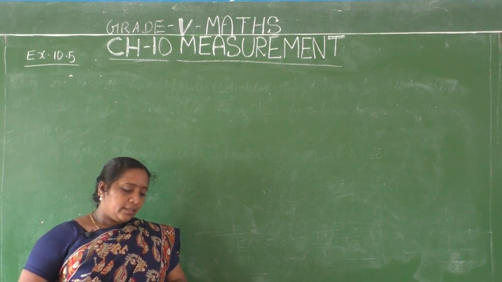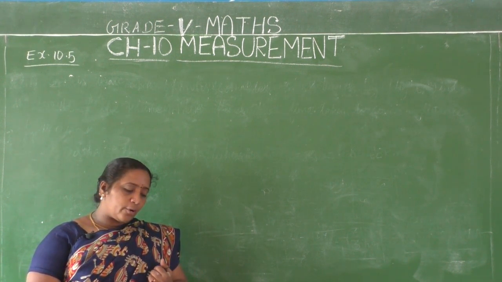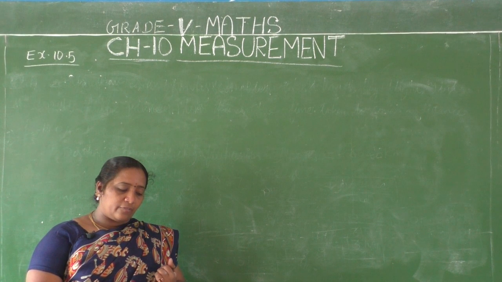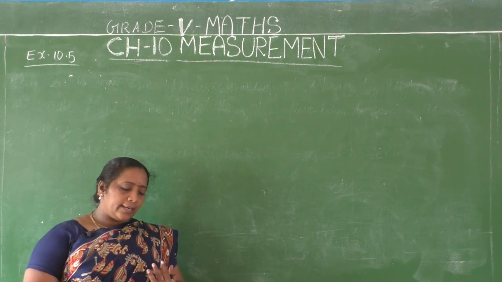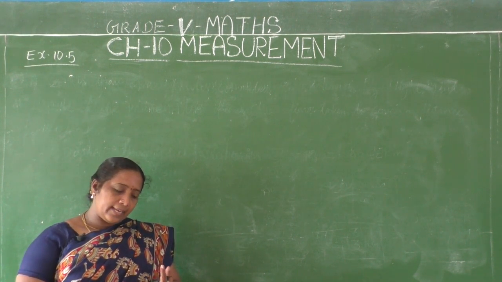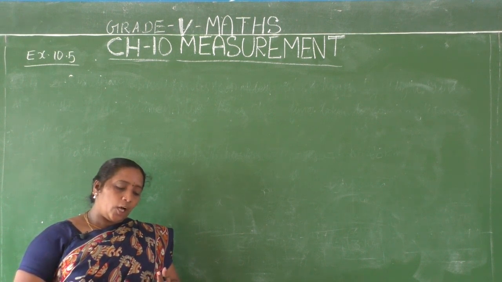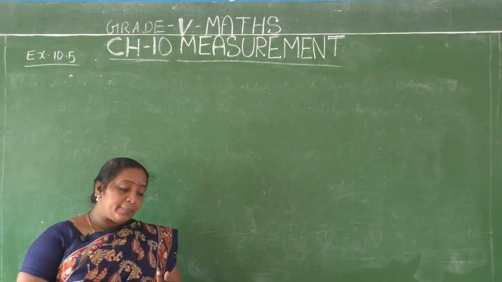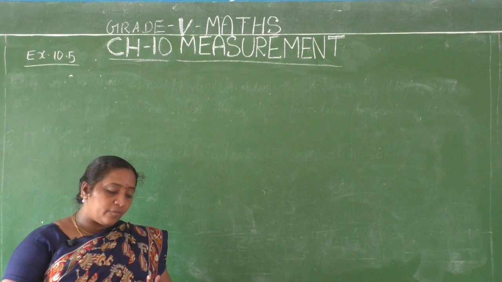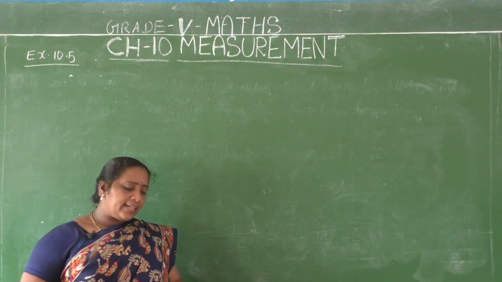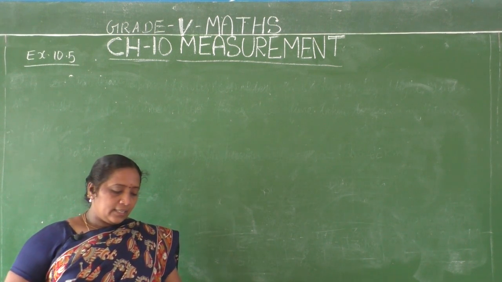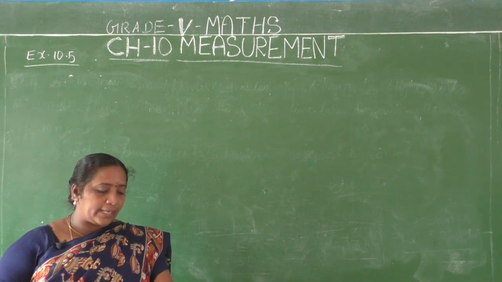Here they clearly gave that we are going to find the distance of the car. Then also they are asking a sub question. Also find the time taken to cover a distance of 975 kilometer. This sum also looks like the previous sum.